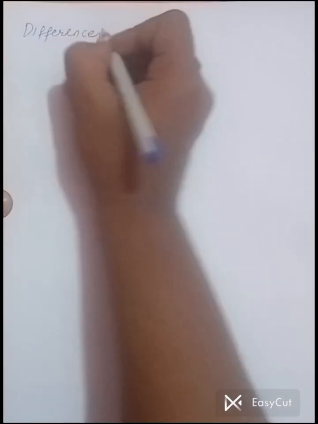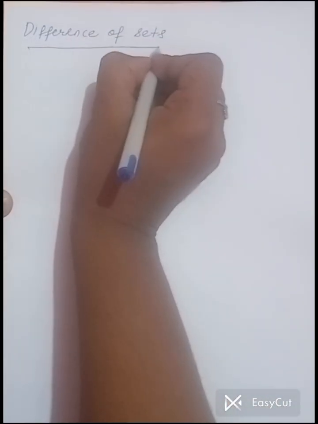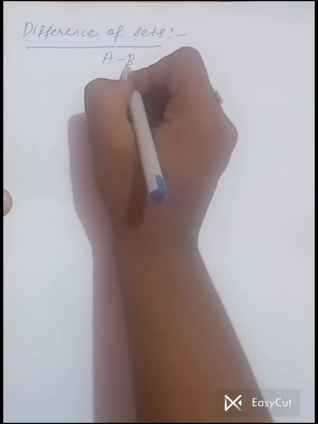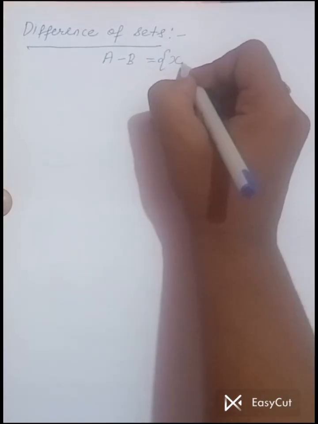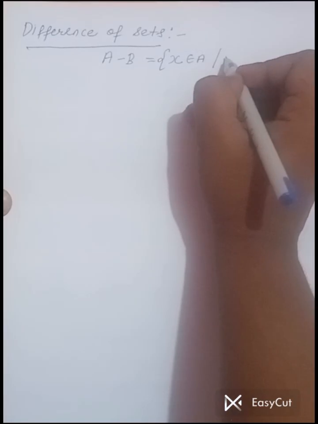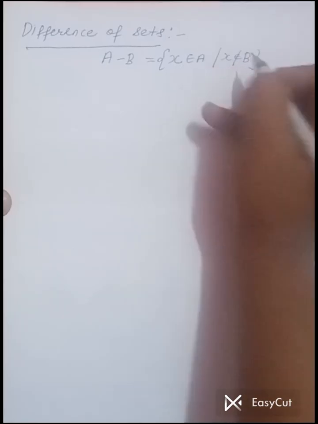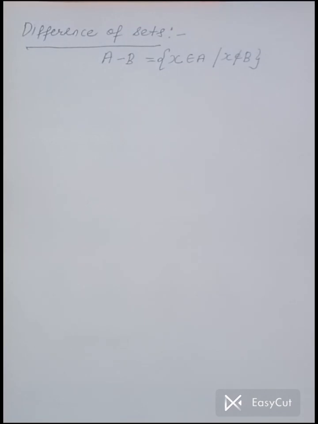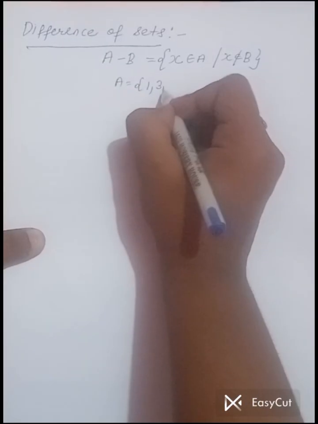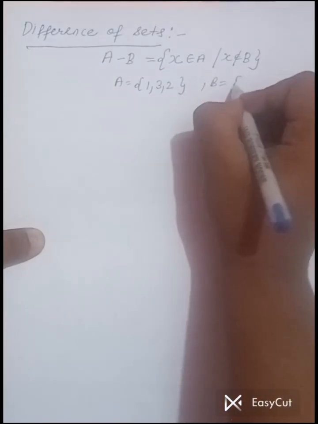So the next one is the difference of sets. Let A and B be two sets, then the difference A minus B is the set of all elements that belong to A, and the condition is that X doesn't belong to B. For example, A is equal to {1, 2, 3} and B is equal to {2}.